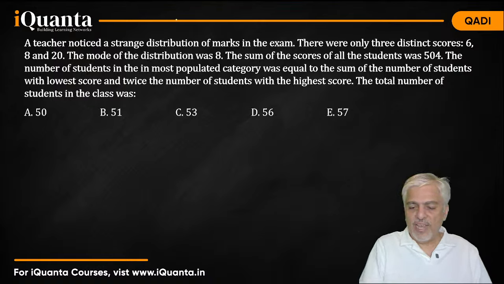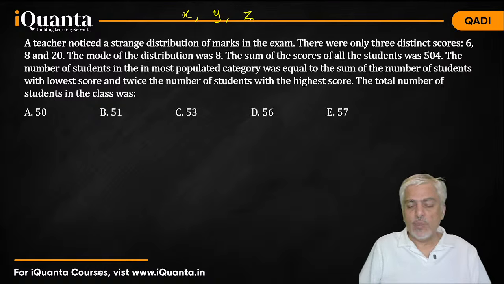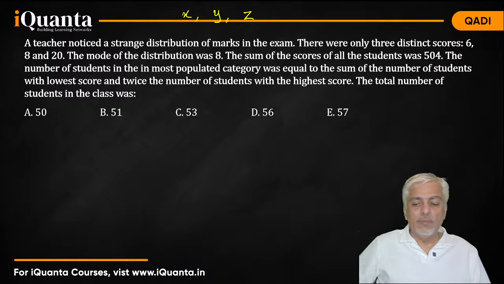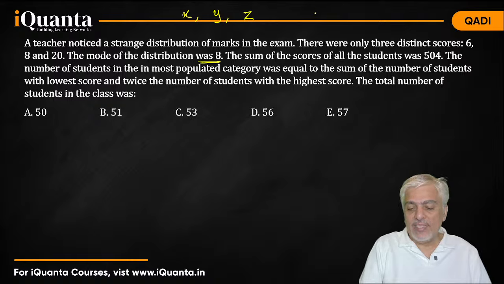So suppose if X students got 6, Y students got 8 and Z students got 20. The mode is 8. That means Y is greater than X and Z. Y is greater than X also, Y is greater than Z also.